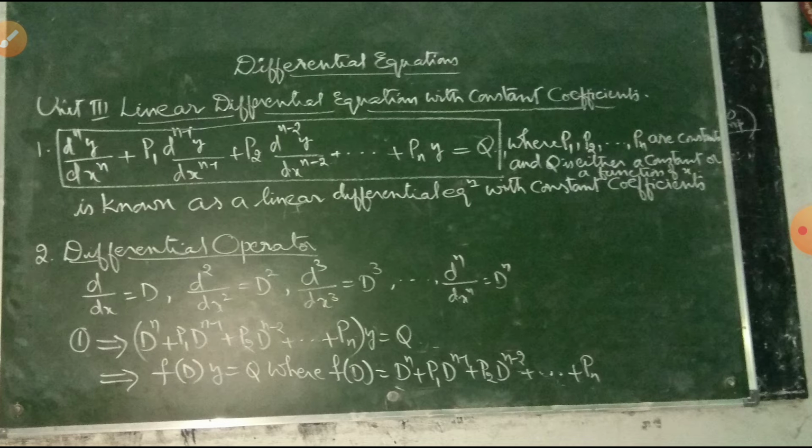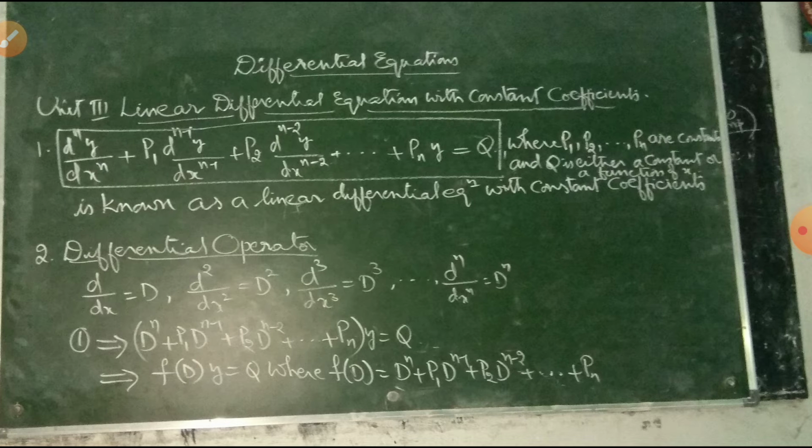Here p1, p2, etc., pn are all constants, and q is either a constant or a function of x. This equation is known as a linear differential equation with constant coefficients.